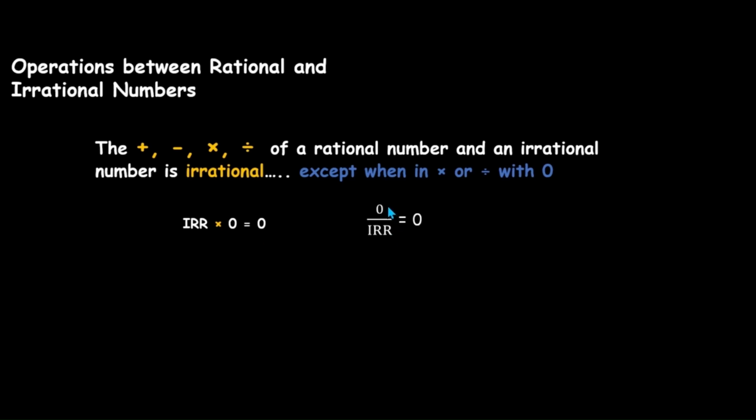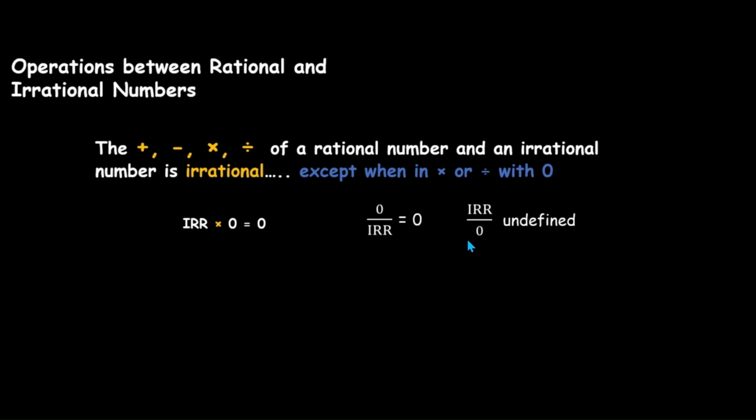And 0 divided by a rational or an irrational number again gives us 0. And any rational or irrational number when divided by 0, the result is undefined. So except in these three cases, any operation between a rational number and an irrational number is always going to be irrational.